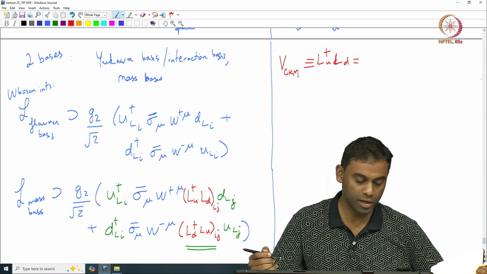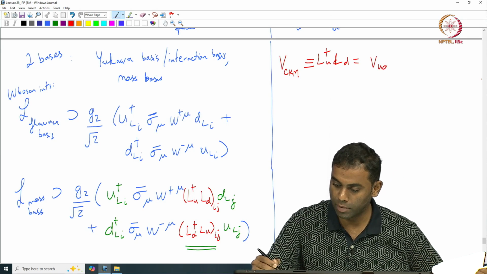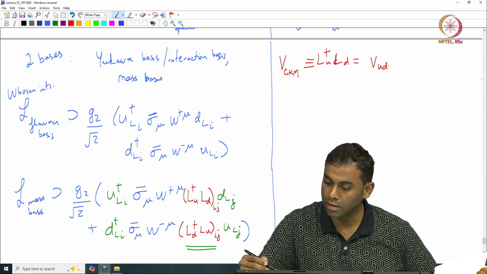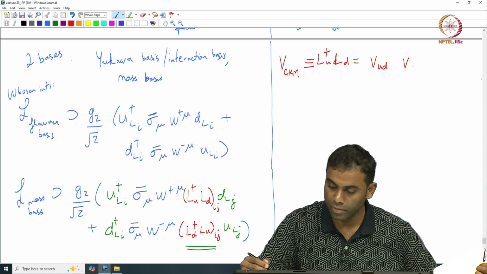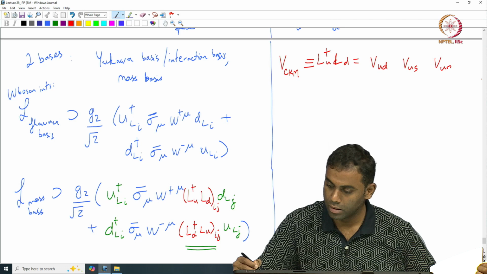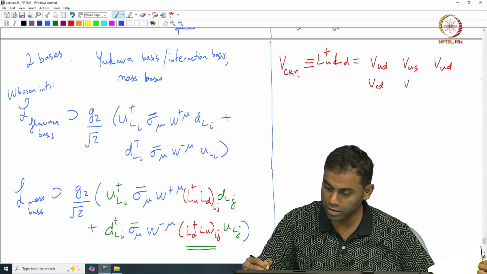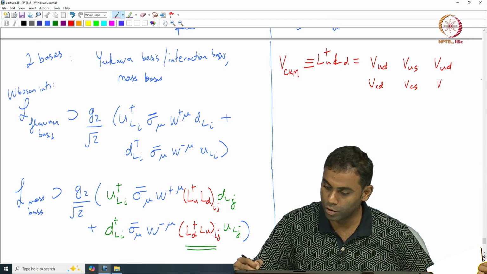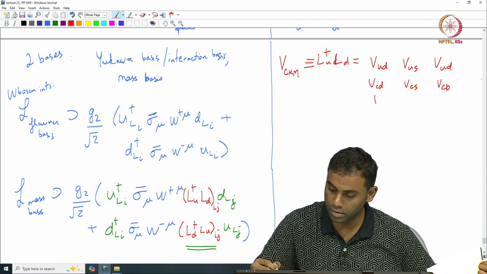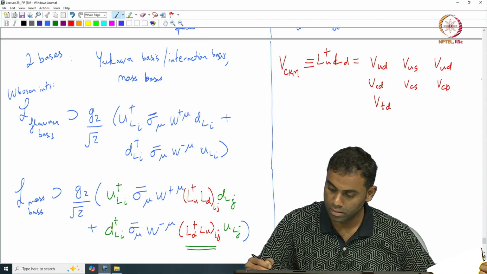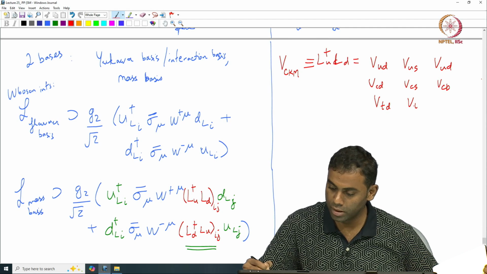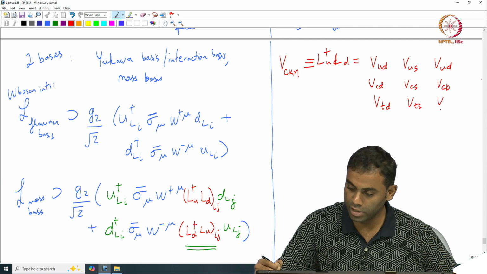So, very important matrix in particle physics, in flavor physics, and we can now expand this matrix. This is the usual notation for what the elements are. The notation should be self explanatory.